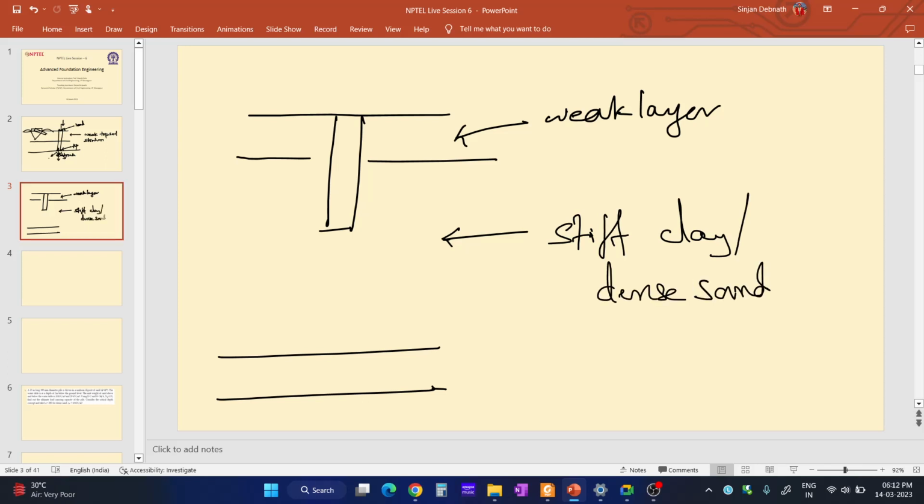What will happen is that there will be skin friction along the length of the pile. Suppose you are applying load like this, and all the load will be carried by the skin friction along the length of the pile.